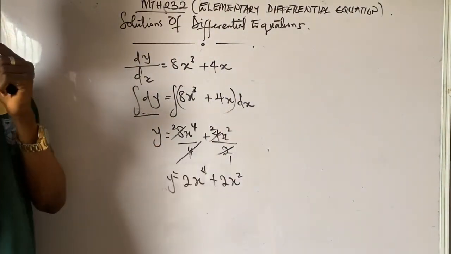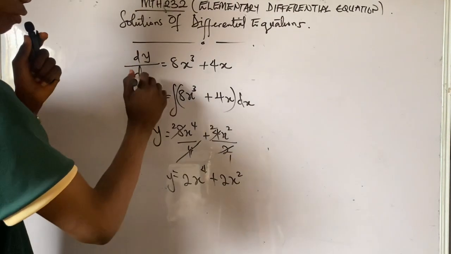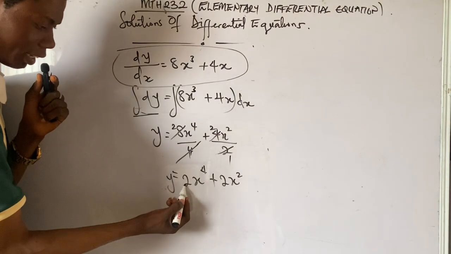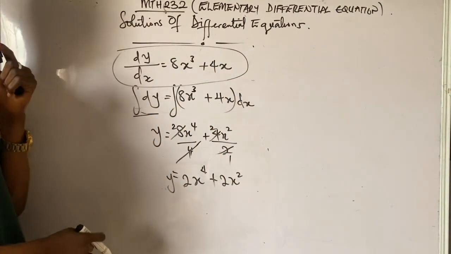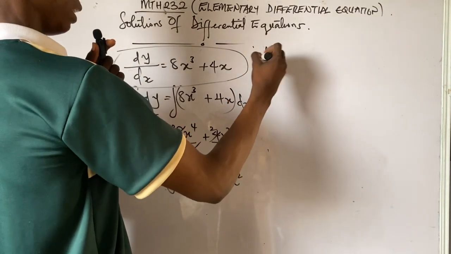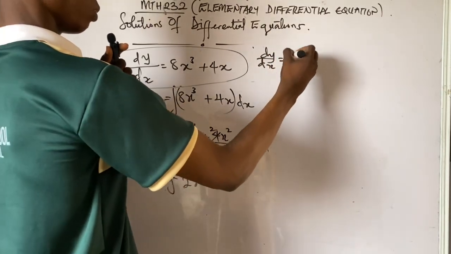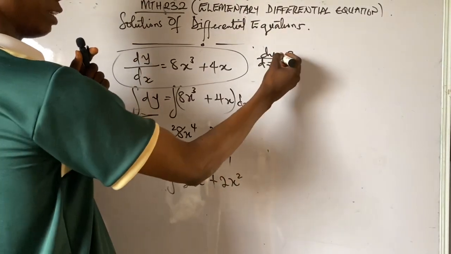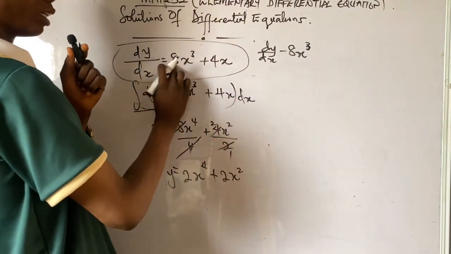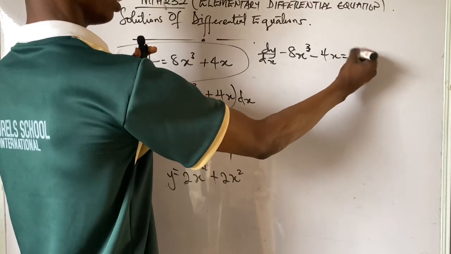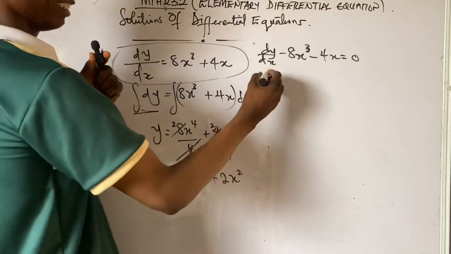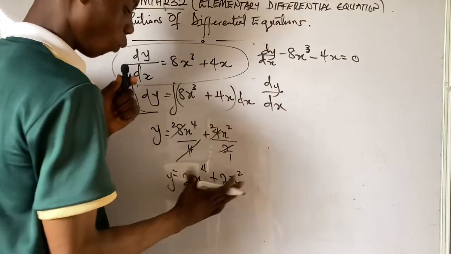If this is the equation given to us, and I want to check if this solution really satisfies it, it is easily done. I can say dy/dx minus 8x cubed minus 4x equals 0. There is nothing else here. Now this is y. Check if your solution works out.